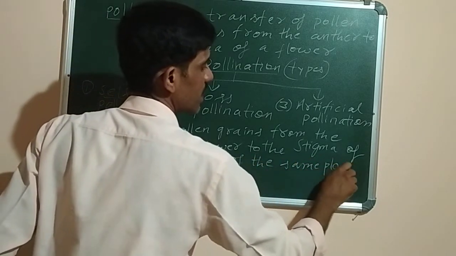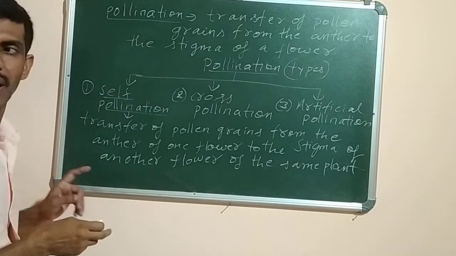Means only one plant should be there. In self-pollination, the plant is one.